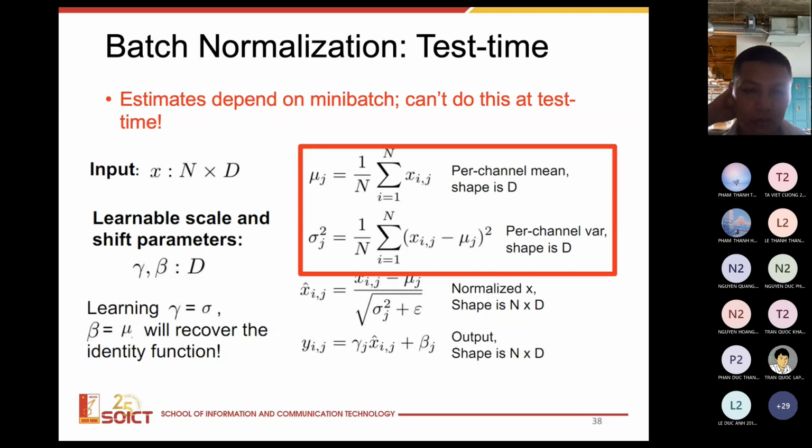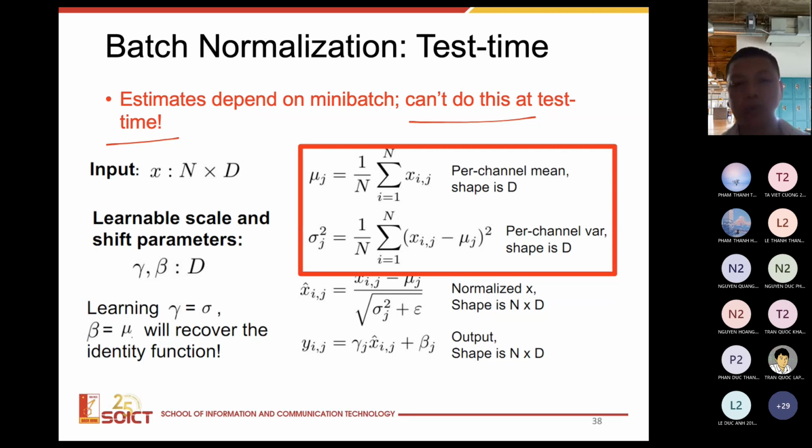Right. So for batch normalization, you estimate the mean and variance depending on the batch in training, right? But in testing, you can't do this at test time, right?